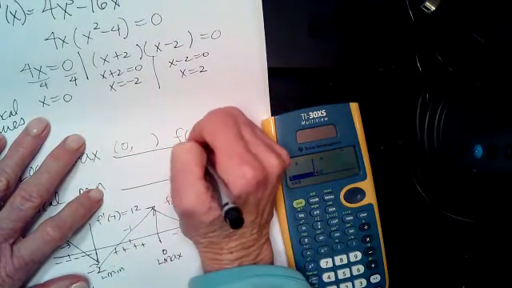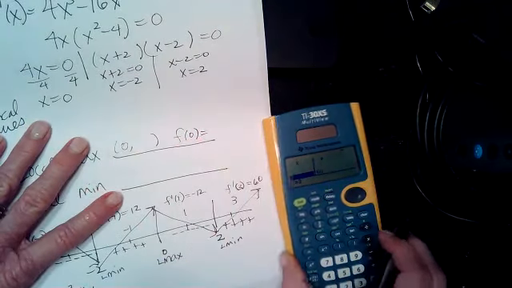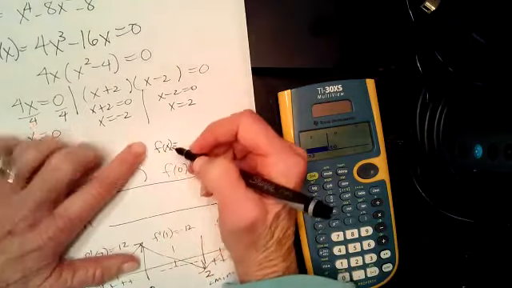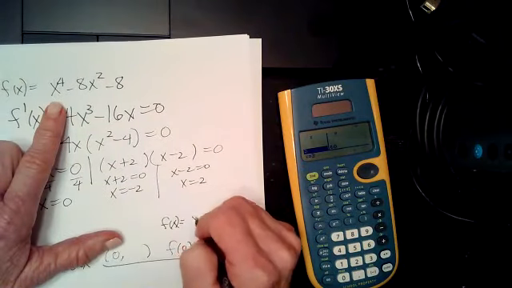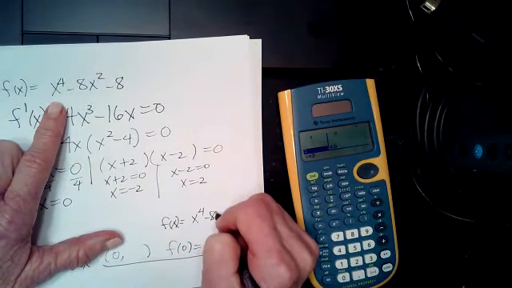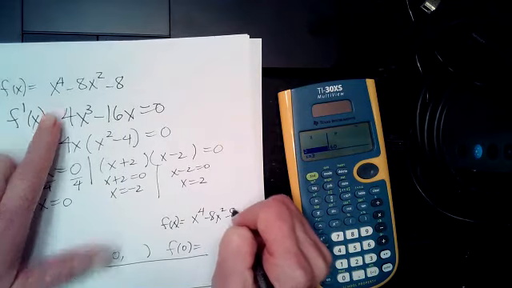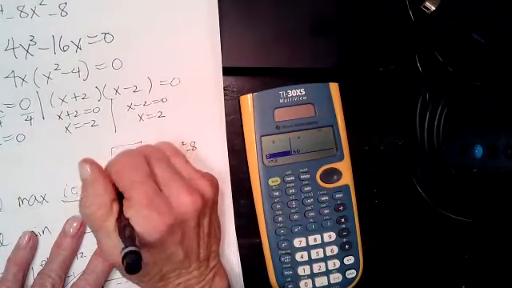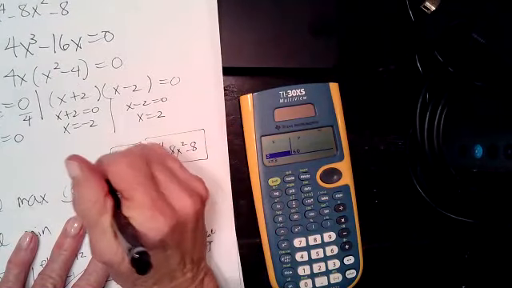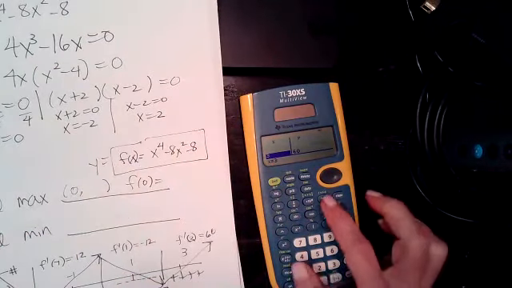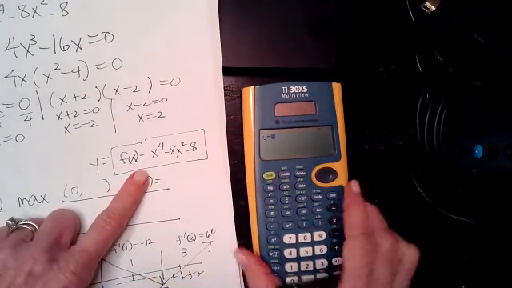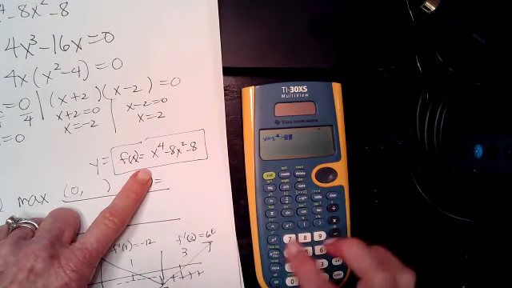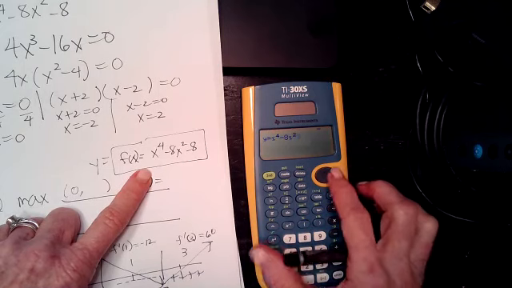So I have to find f of 0. I go to my original function, which is x to the 4th minus 8x squared minus 8. Okay, and I'm going to plug in 3 different numbers. So let's go back to my table function and put in x to the 4th minus 8x squared minus 8.